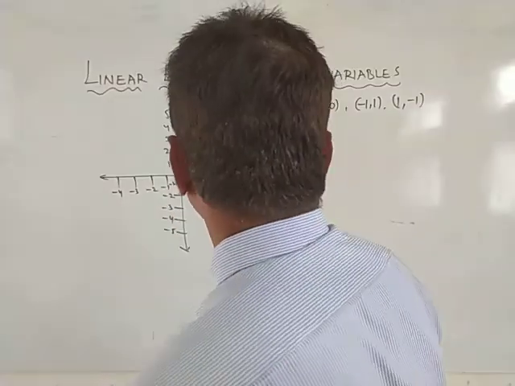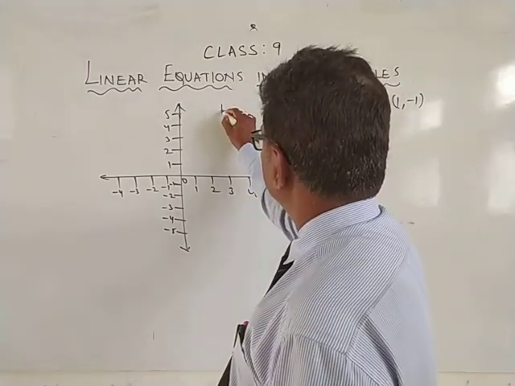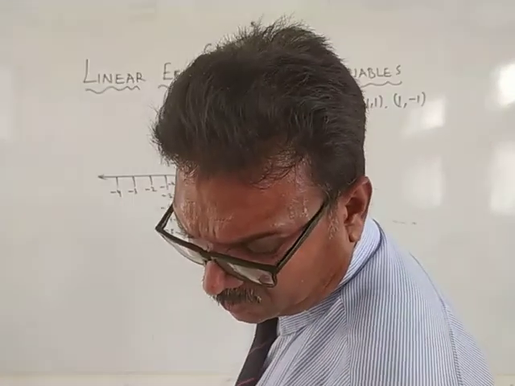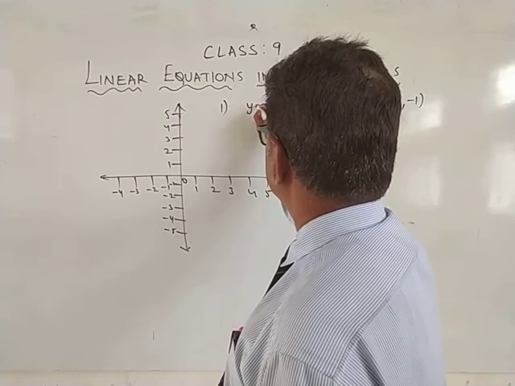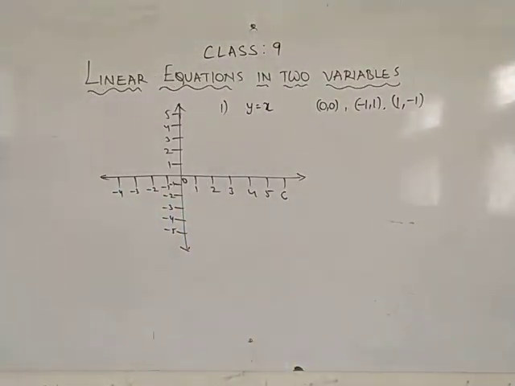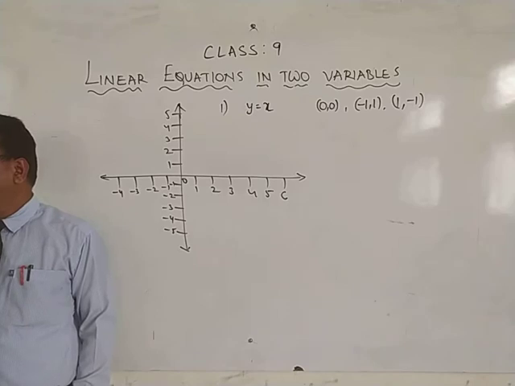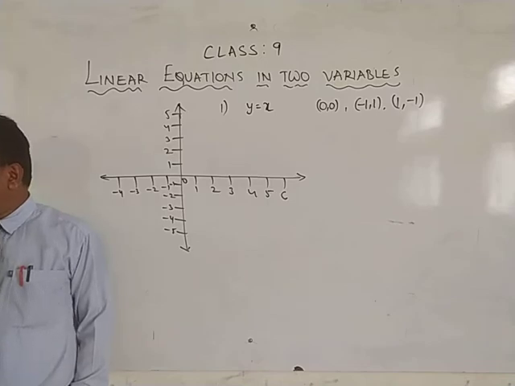He has given three different equations. The first one is y equals x. Y equals x means what did you understand? If x equals 1, y is also equal to 1.